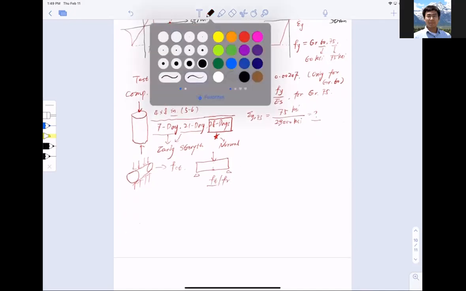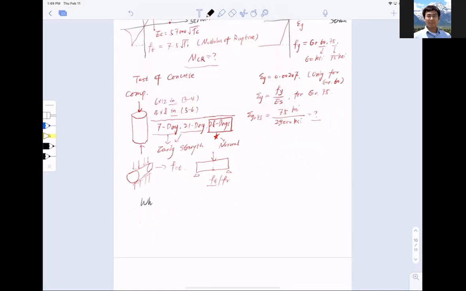All right, so these are things we covered. And then we also covered the Whitney stress block. Remember how we talked about it? I'm going to go super fast now. Analysis of singly reinforced sections, and analysis of doubly reinforced sections.